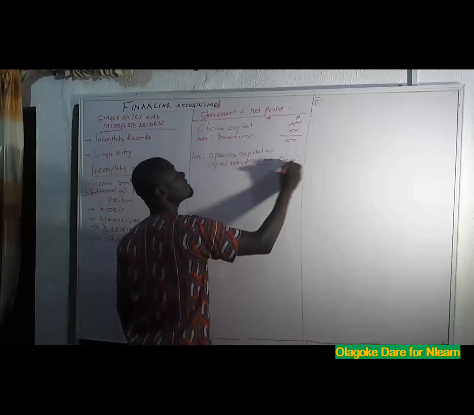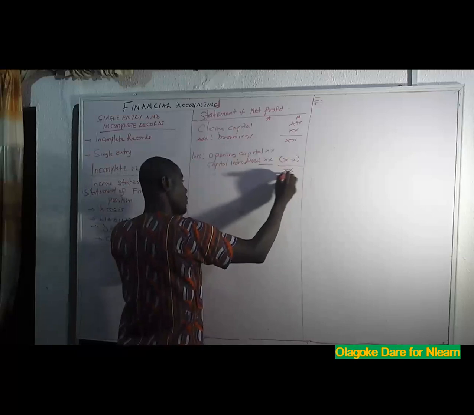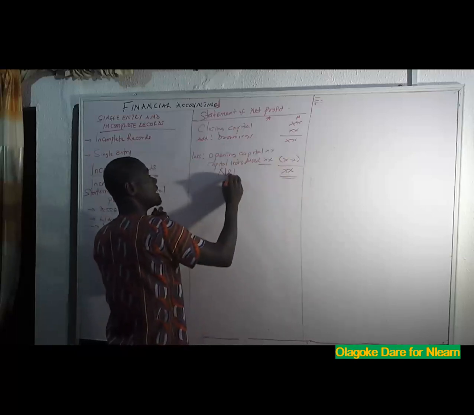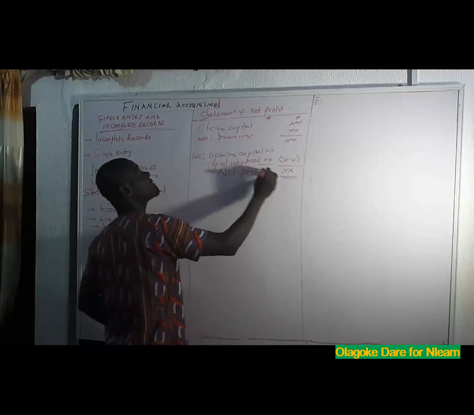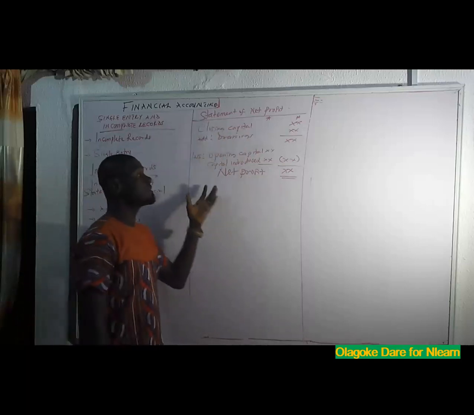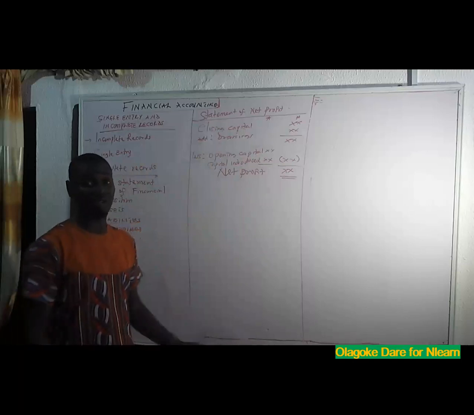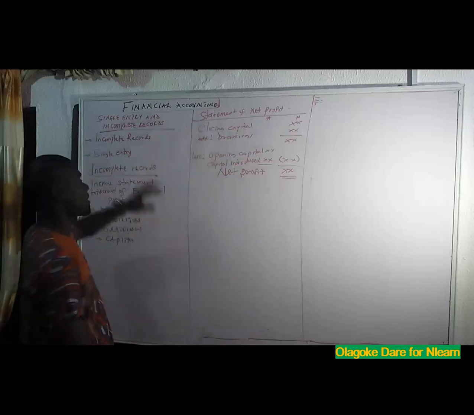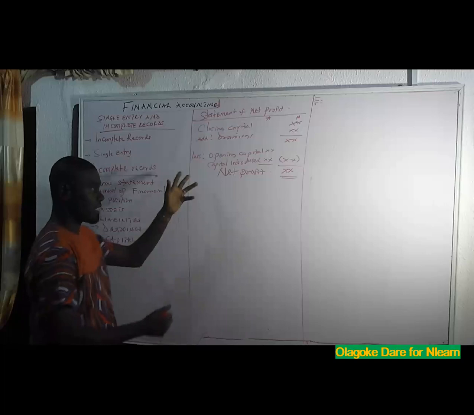When we deduct these two from it, what we have will be net profit. When you only have information relating to these, it is difficult to determine your trading profit or loss account or your income statement, so it is said to be incomplete records.